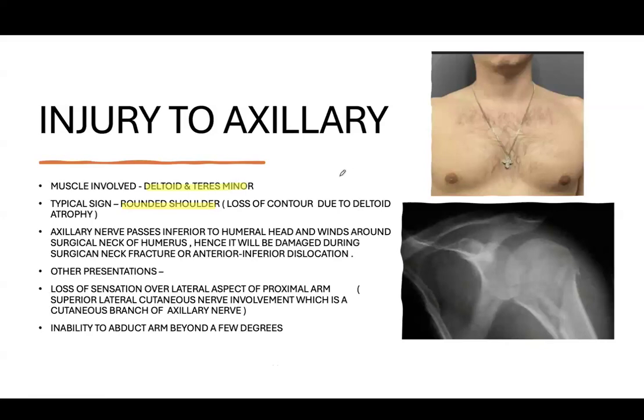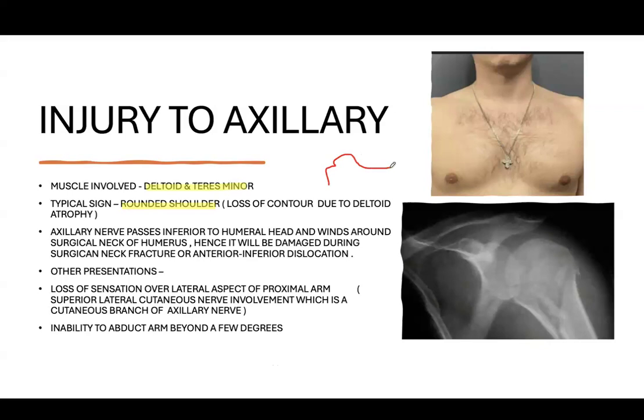So basically, what would happen is when you have a shoulder, usually you're going to have some sort of contour to the shoulder, which means it's going to have some definition of the bones. You see some kind of definition. You see the muscles.